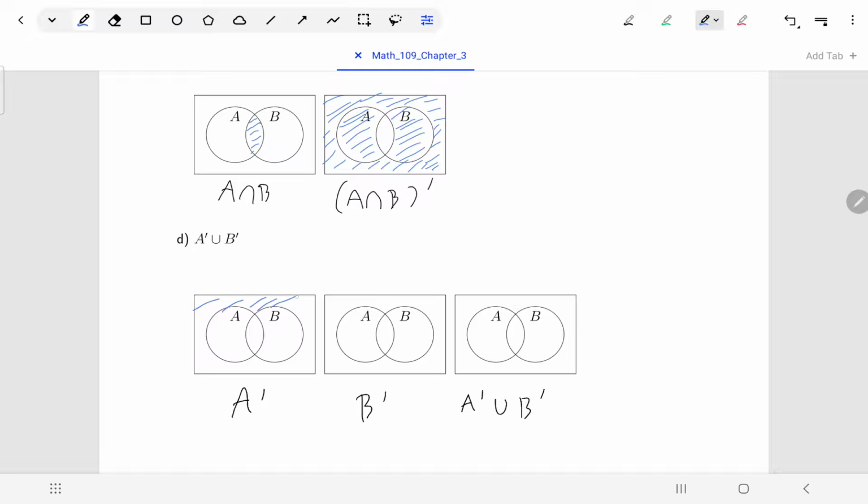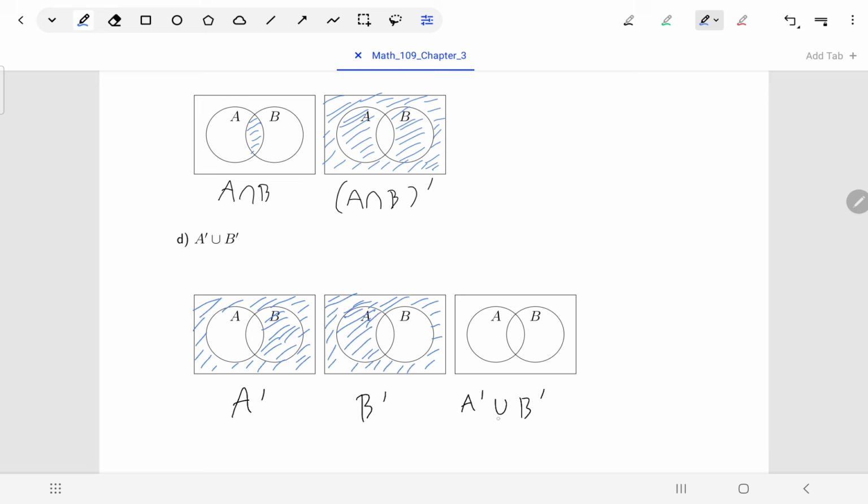That's everybody that's outside of A. That's all of that exterior together with the only inside of B part. For B complement, it's everybody outside of B. So that's, again, the exterior as well as the only A by itself part. So that's everybody who's outside of B.